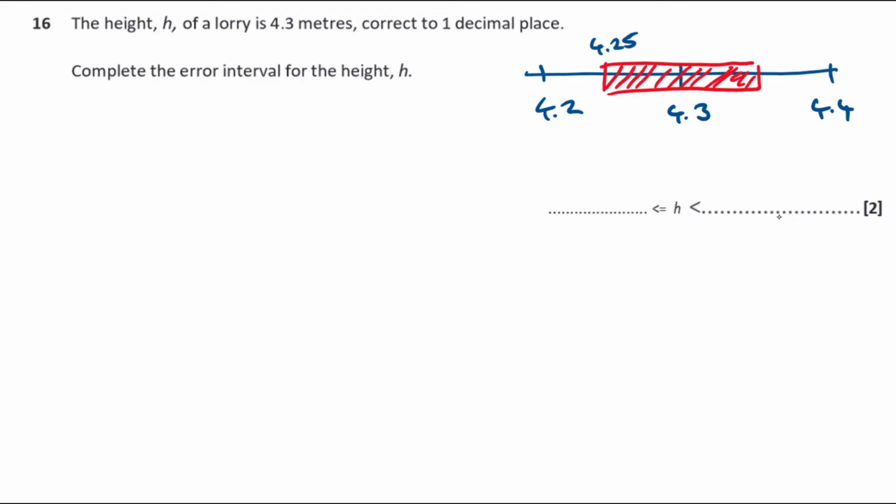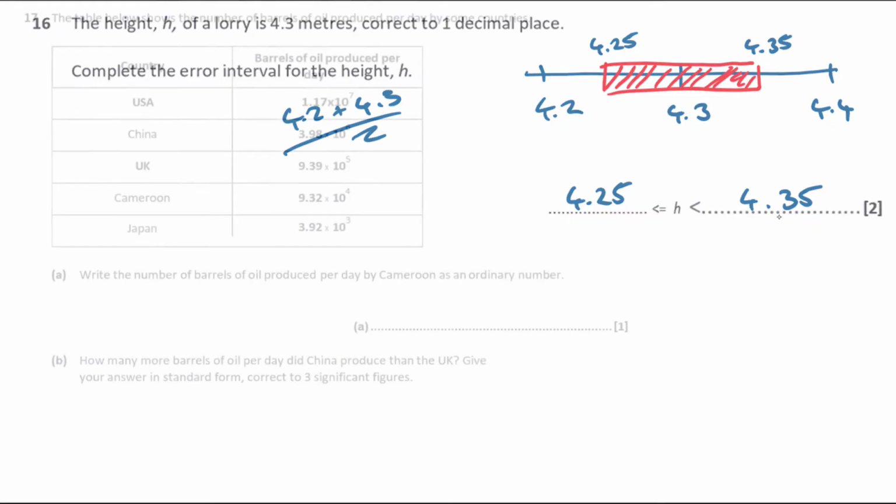If you're not sure, you could just add the two numbers together and divide by 2, and that would tell you on your calculator. And the other one then is going to be 4.35. That's halfway between 4.3 and 4.4, isn't it? So my lower bound is going to be 4.25 and my upper bound is going to be 4.35. So any numbers between 4.25 and 4.35 round off to 4.3 to one decimal place.